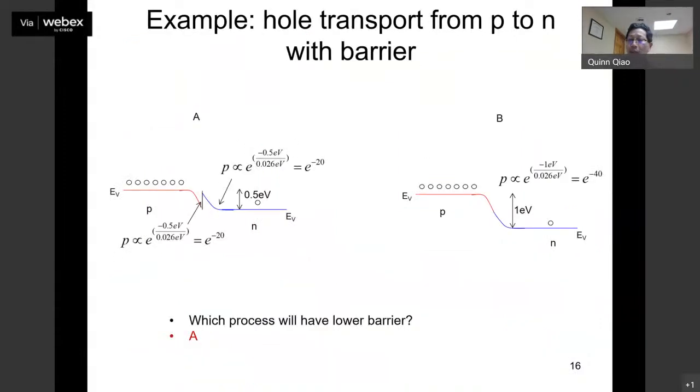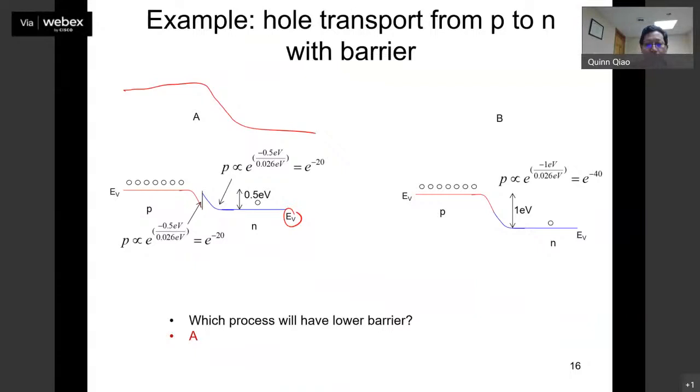So here's an example. Basically, it shows that if you know this is 0.5 eV, then the barrier will be reduced, right? For the hole, see here is EV. It's a high barrier for a hole to transport from P to N, right?